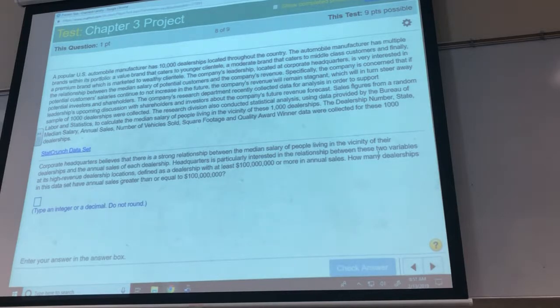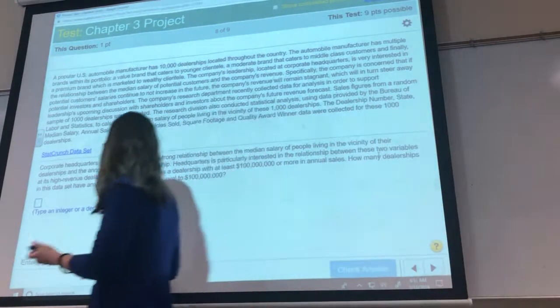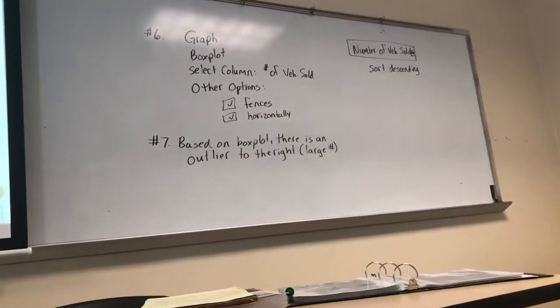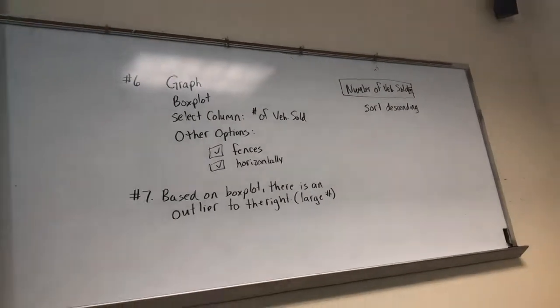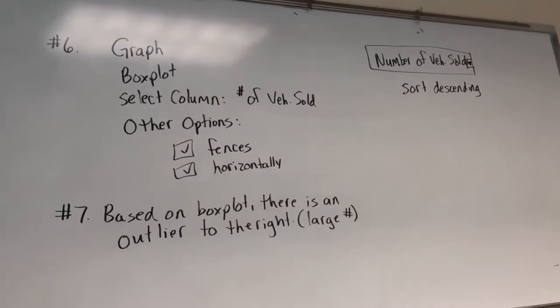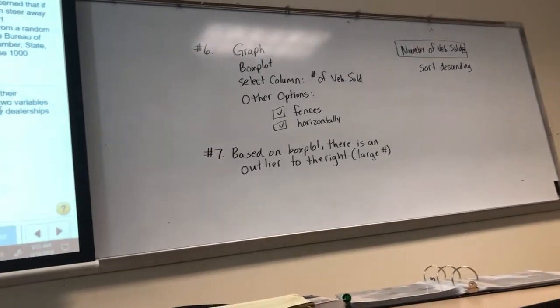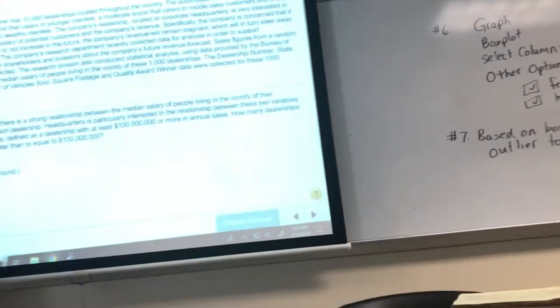And then it says, for number 8, it's looking at how many dealerships in this data set have an annual sales greater than or equal to 100 million. So this is another one where you just have to sort it descending. So we're looking at annual sales. And it's going to be an integer because you're counting. So if you come back here, not there, here.